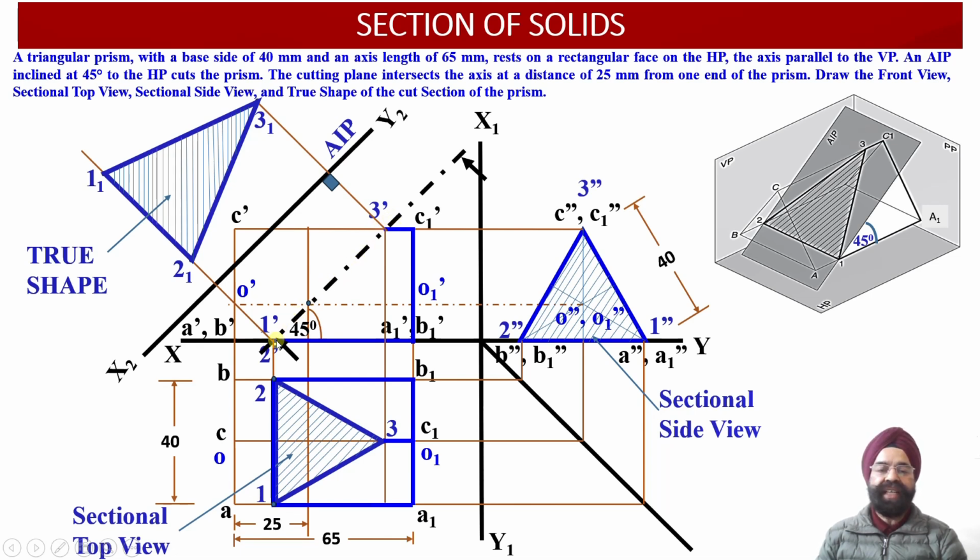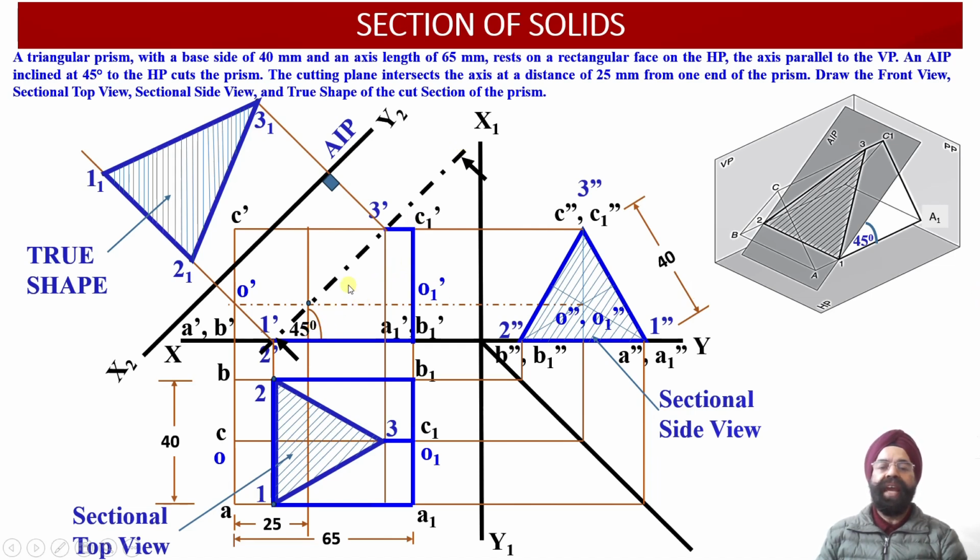So since this cut section happens to be parallel to this auxiliary inclined plane X2 Y2, onto this auxiliary inclined plane, that is into the auxiliary plan projection view, we are able to obtain the true shape projections of this triangular prism which has been cut by an auxiliary inclined plane which happens to be inclined with respect to the horizontal plane at an angle of 45 degree.